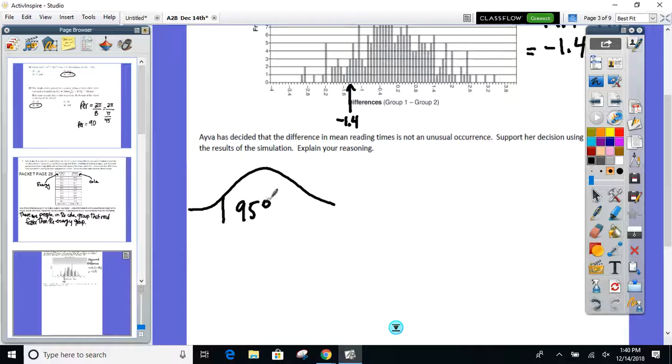And we said if your number fell in the 95%, was it random or unusual? Anybody remember from yesterday? If it fell within that 95% range, was it random or unusual? If within the confidence interval, it was random. Okay, if it falls outside the confidence interval, it was unusual, meaning the treatment worked. Everybody good?